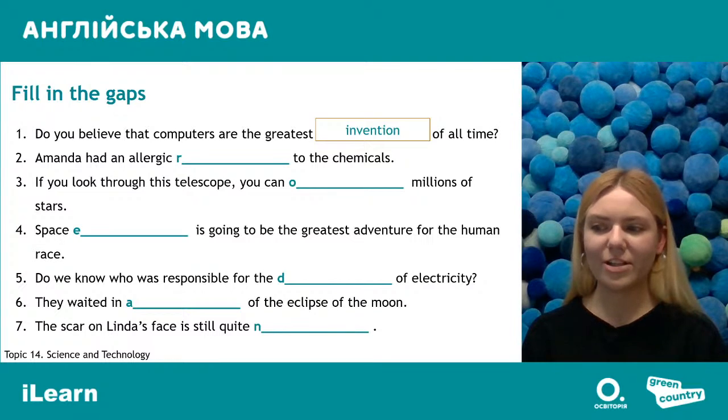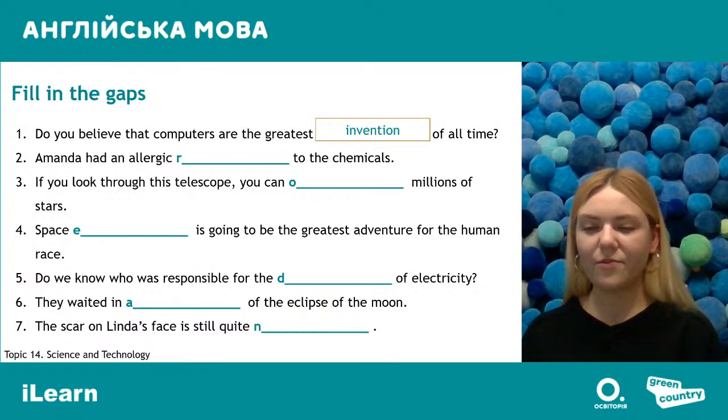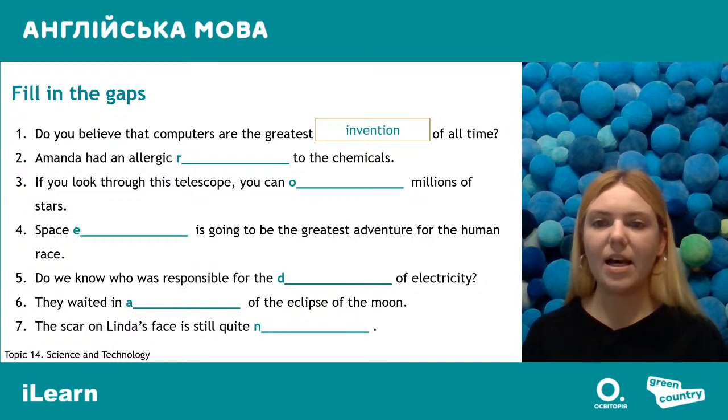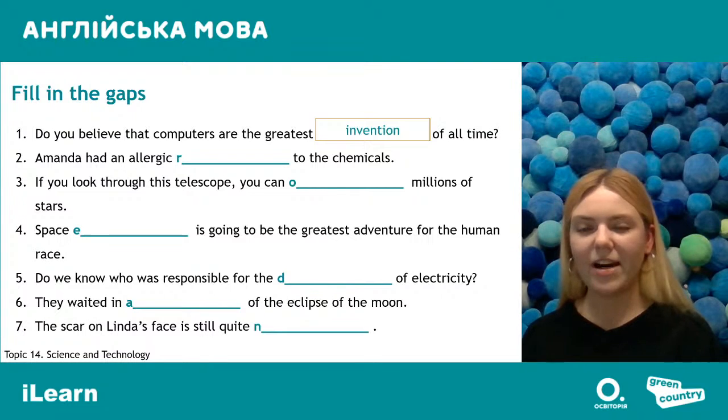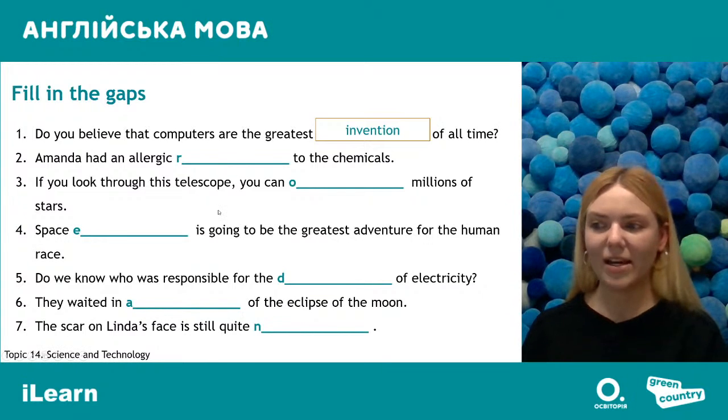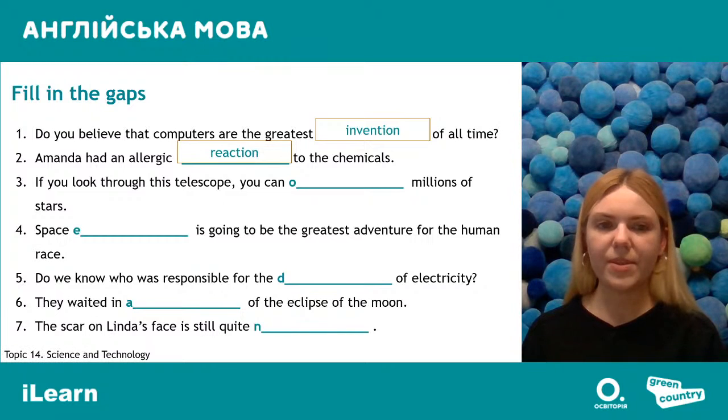So what can be allergic? And beginning with R. And we have, before the gap, we have an, yeah, and we have an adjective. So then, again, we will need to use a noun. Because if we have an article and if we have an adjective, then after them we will need to use a noun. And that will be reaction, allergic reaction to. Good.